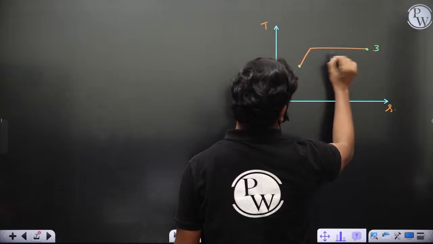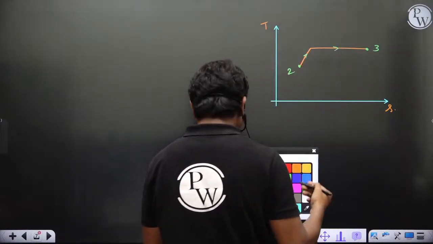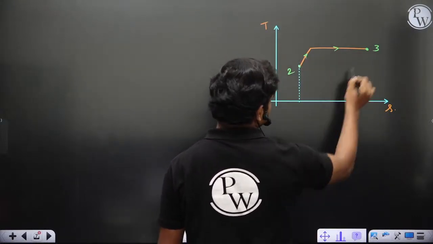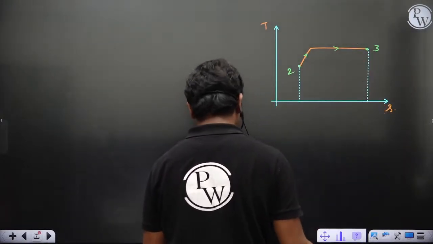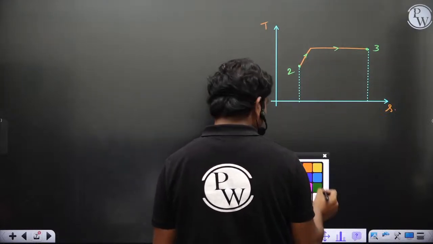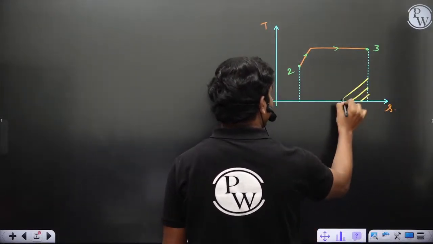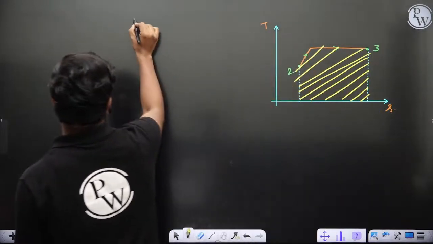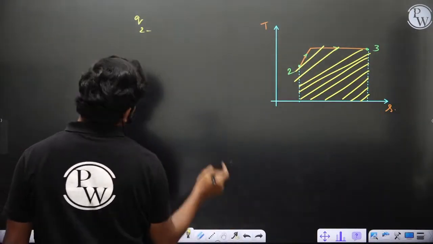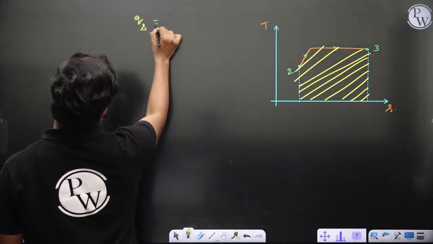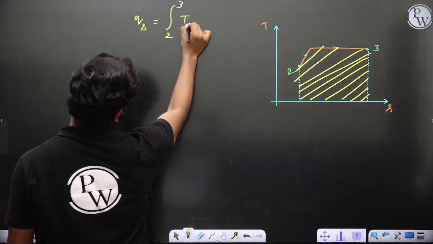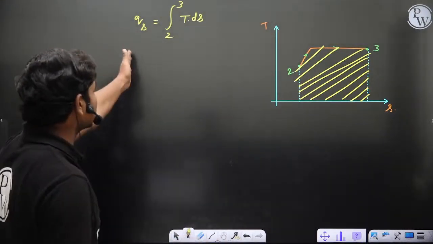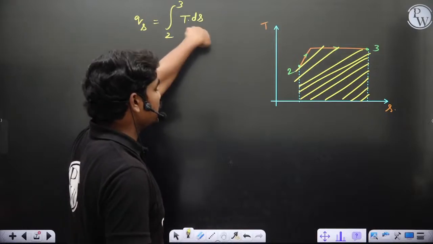This is heat addition in general, and the amount of heat added is nothing but this area under the curve. Clearly you all know Q_s is equal to the integral from state 2 to state 3 of T dS, because it's a reversible process, so del Q is equal to T dS. So the total heat supplied is the integral from 2 to 3 of T into the change in specific entropy.